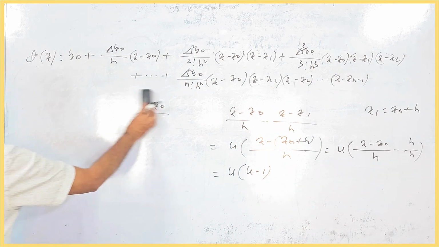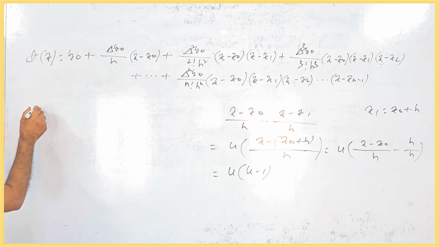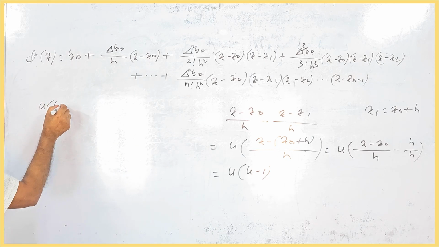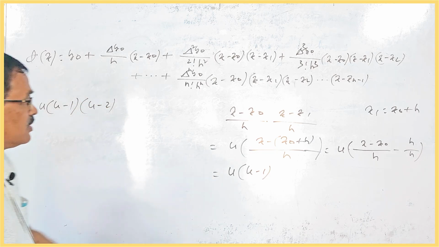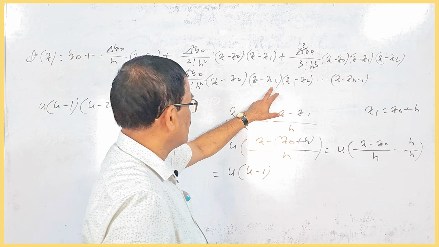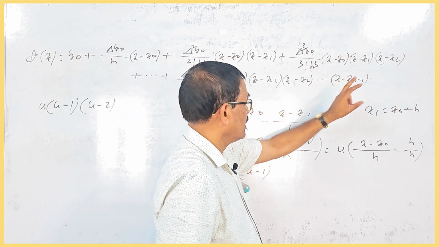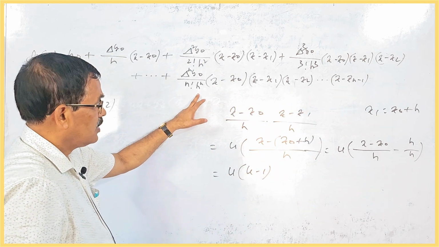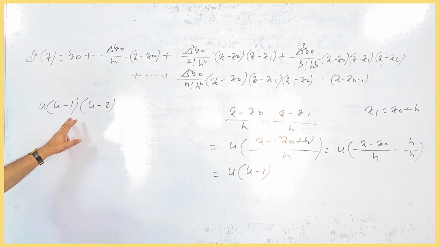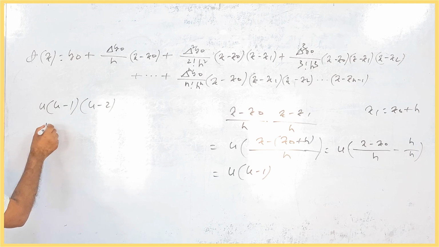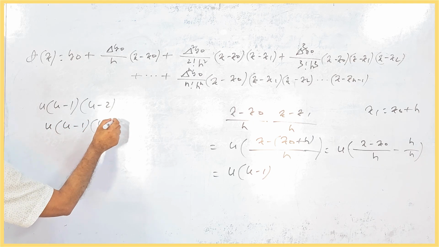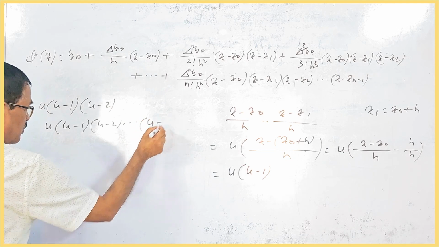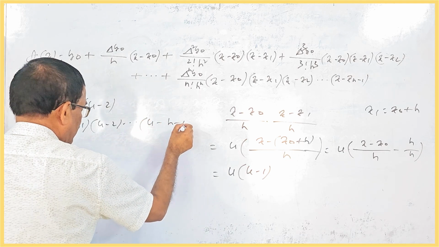Similarly, for the last term, x minus x naught, x minus x1, x minus x2 up to x minus x n minus 1 divided by h to the power n, I will get u, u minus 1, u minus 2, up to u minus n minus 1.